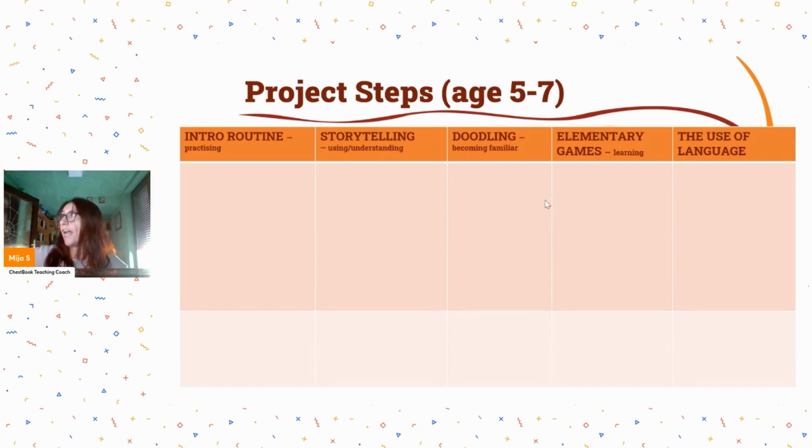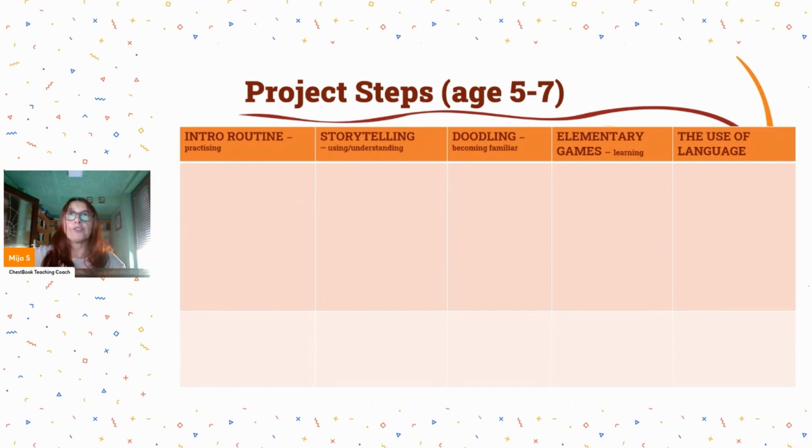After that, we have elementary games where children learn. This is where the learning takes place, where children memorize whatever we would like them to memorize. And then at the end, at the last step, children use what they have learned.